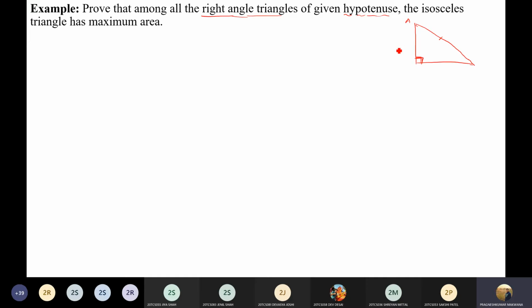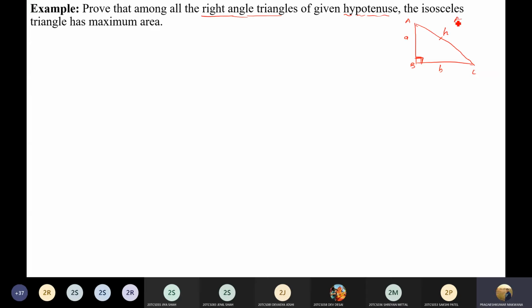Suppose this one is A, this one is B, and this one is C. So this angle is 90. So this type of the triangle is known as right angle triangle. Now this side is A, this side is B, and this one is H. So what about the Pythagorean theorem?